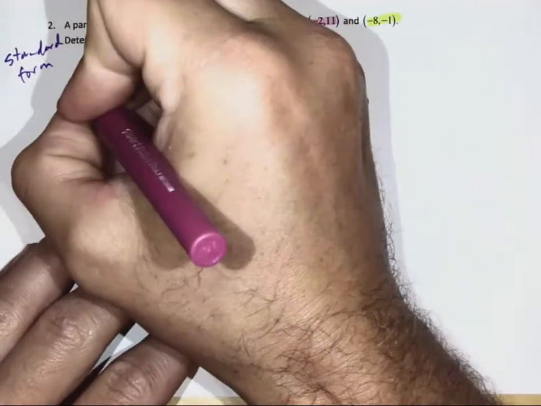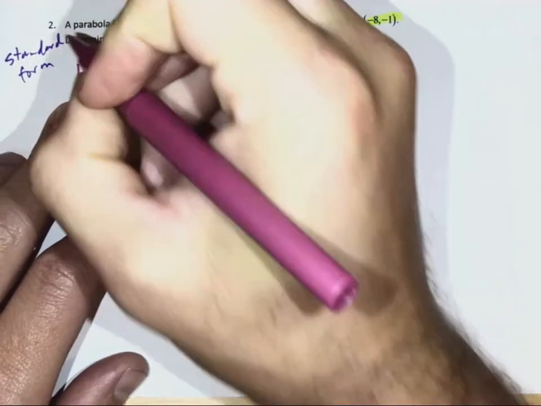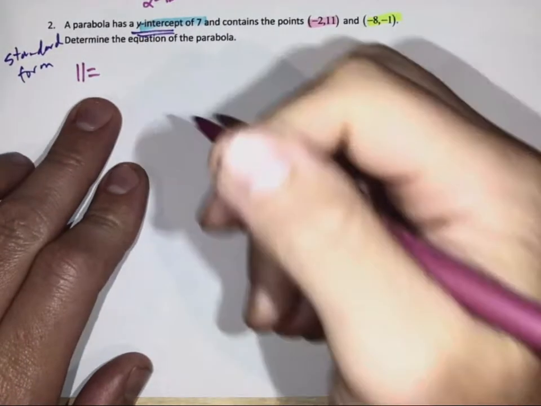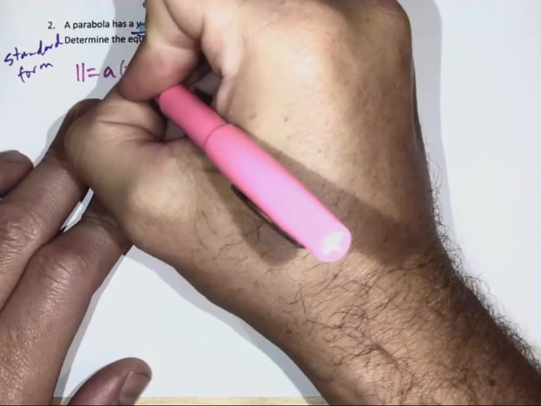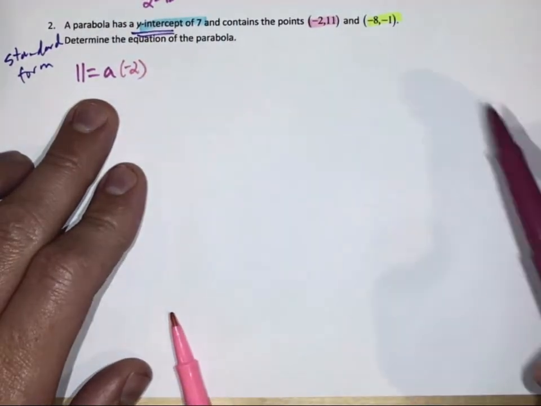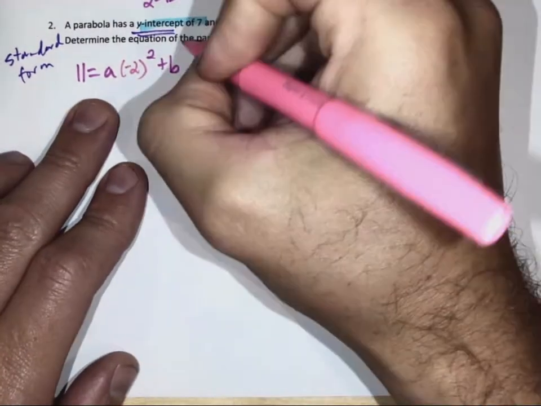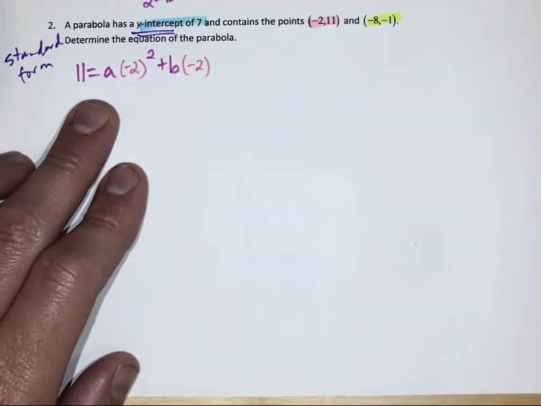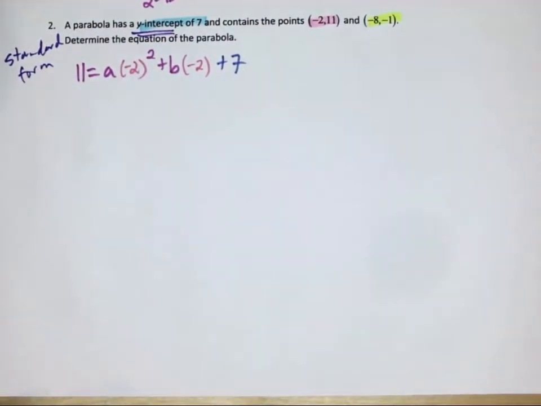Equation 1. Everywhere we see y equals a x squared, so negative 2 squared plus b times x plus 7. There's my equation 1.